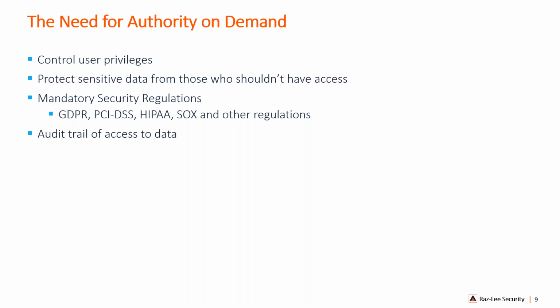And of course, we must secure access to the system because of standards and regulations like GDPR, PCI, HIPAA, SOX, and others. We also need a full audit trail of access to the data, which is most important for auditors.